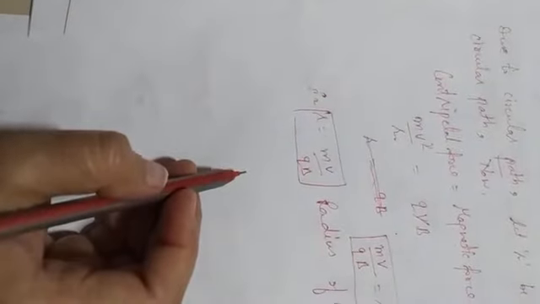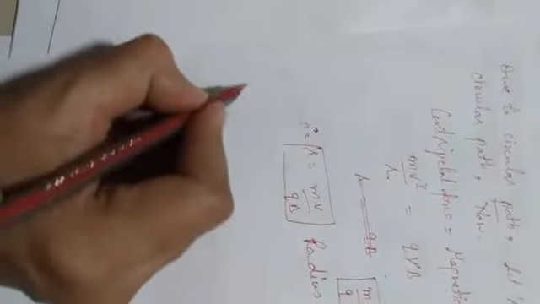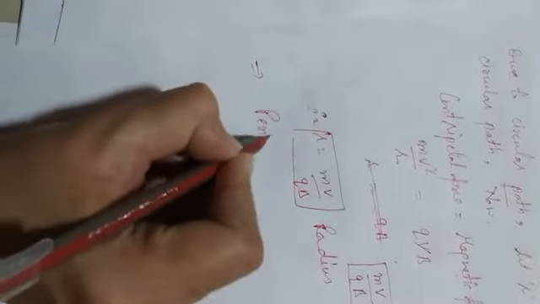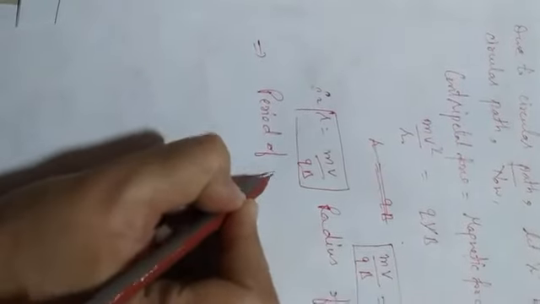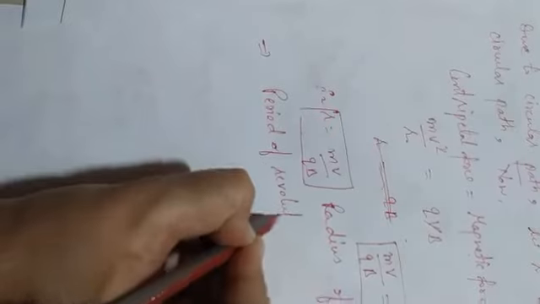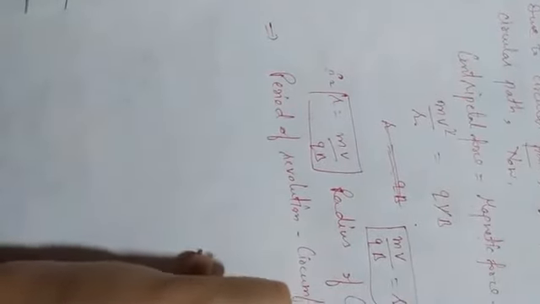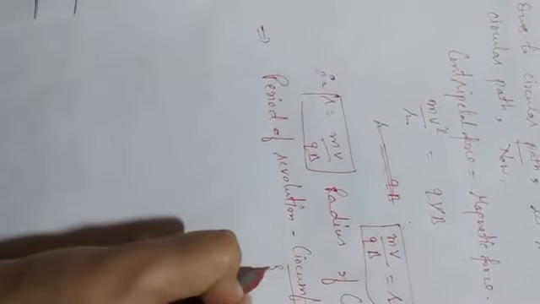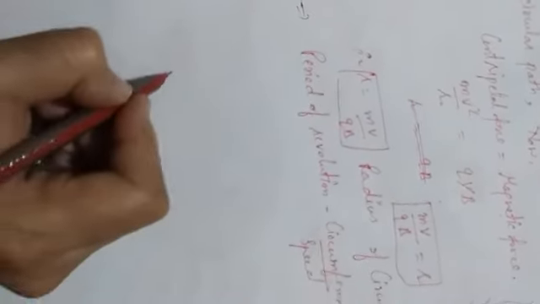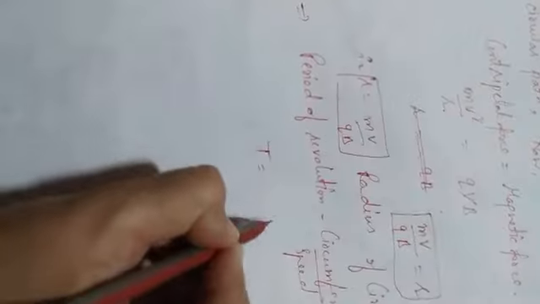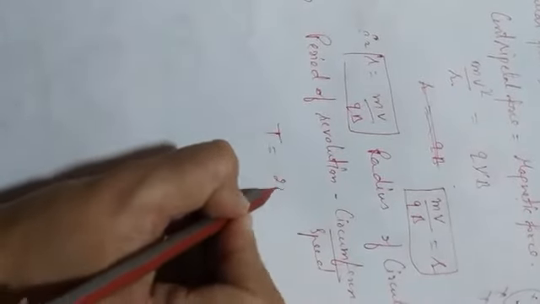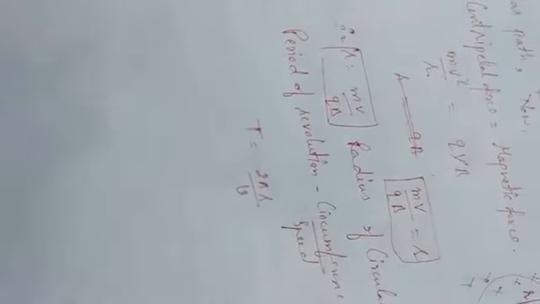Now next, our period of revolution. From there we can write circumference by speed. Now time is T, circumference is 2 pi r, and speed is v.